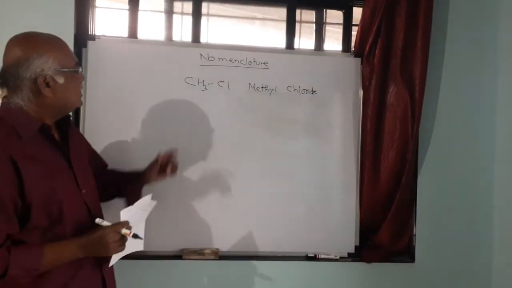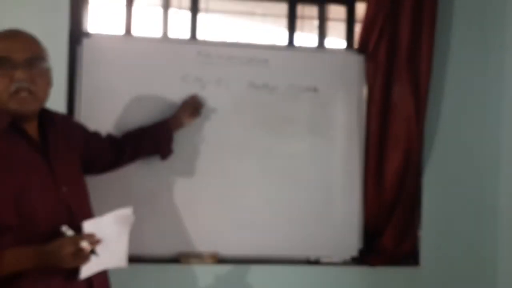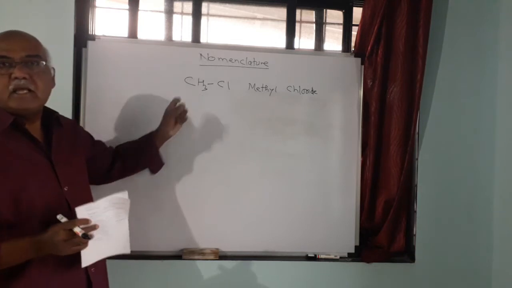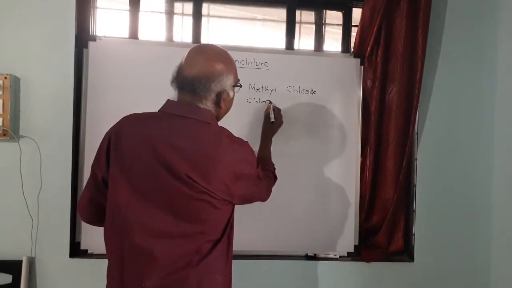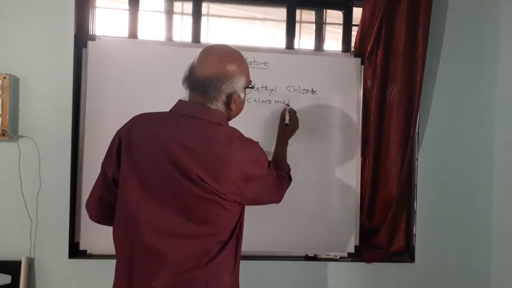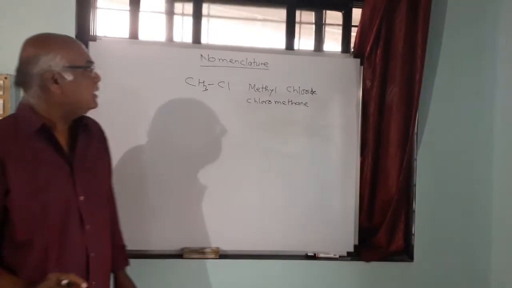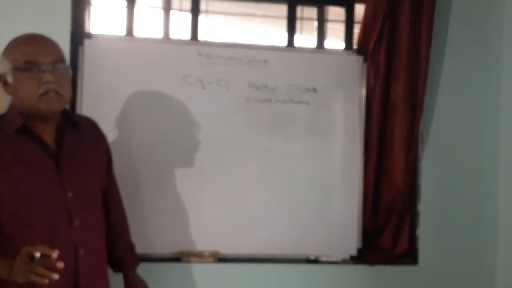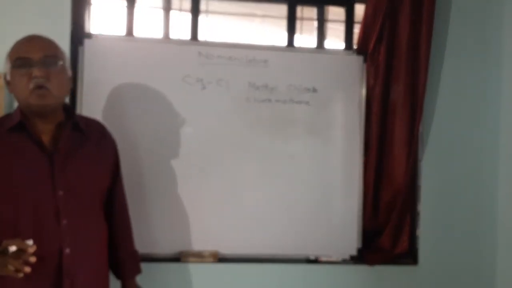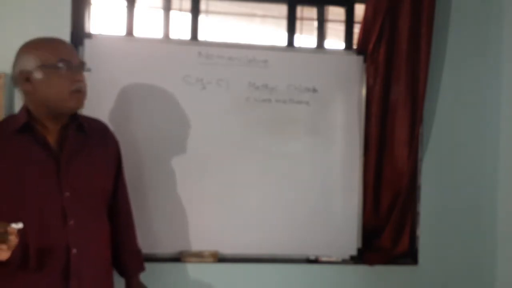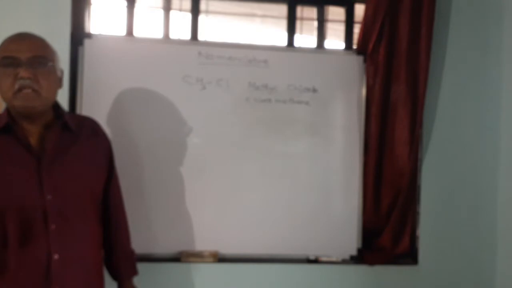So this is the derivative of methane, the chloro derivative. So the name will be chloromethane. So this is our first example, CH3Cl, that is methyl chloride or chloromethane. In the common system it is methyl chloride, and in the IUPAC system it is chloromethane.